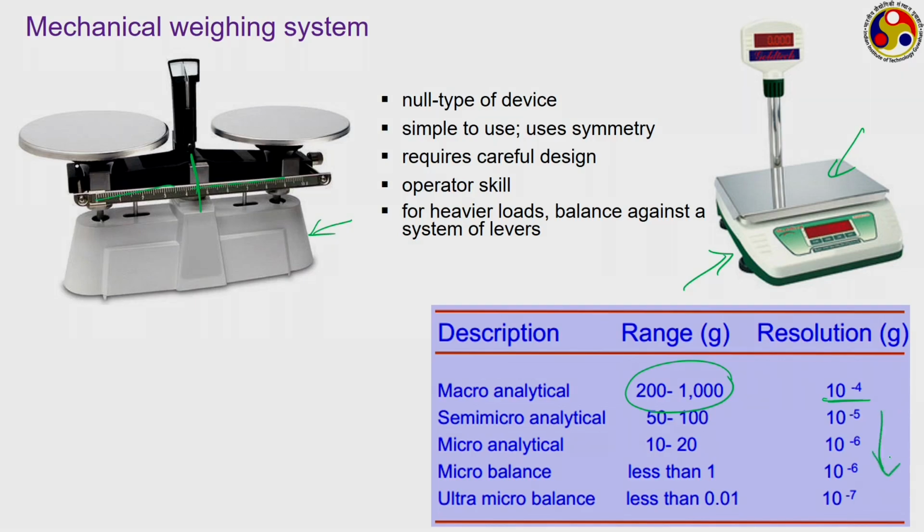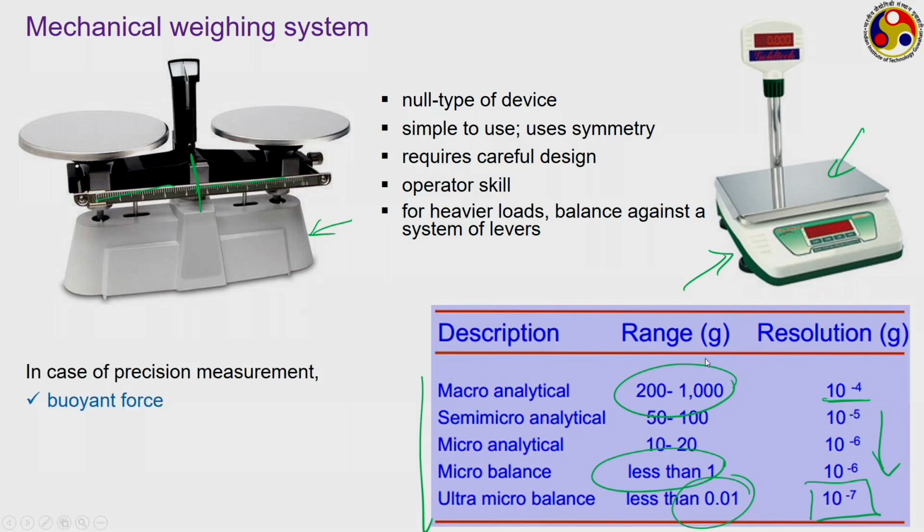When you are talking about the micro balance, we are trying to measure a force less than a G value, and for the ultra micro balance it is even smaller, and extremely high resolution is required. Depending on what kind of application you are looking for, you have to pick one among these 5, primarily based upon the value of mass in terms of this G.